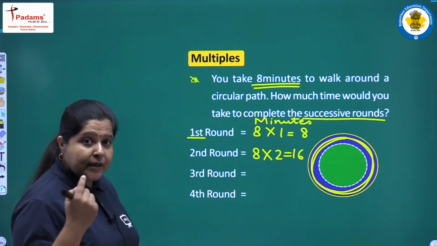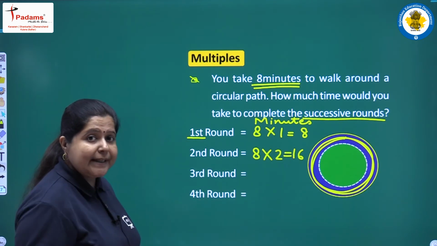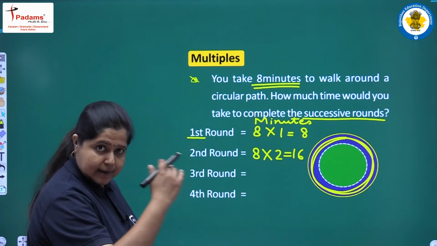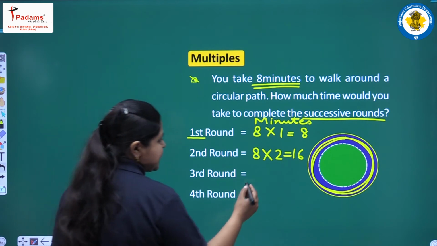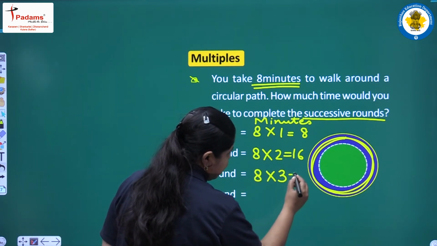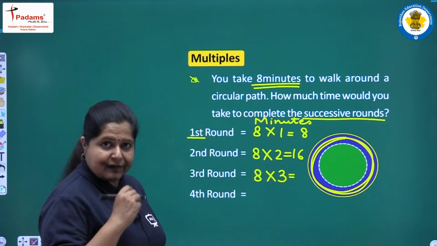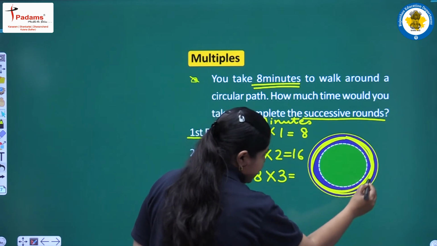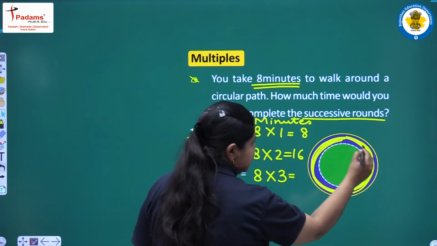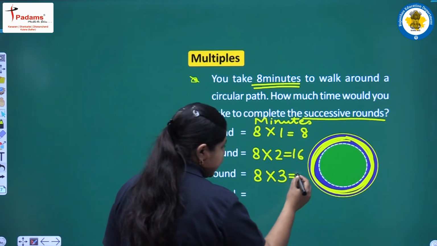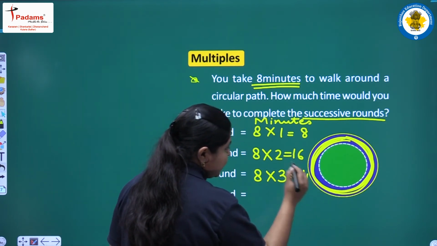Then for the third round, how much time will it take to complete now? Total time that we are talking is 8 into 3. First round in 8 minutes, then second round in 8 more minutes, then third round again in 8 minutes, 8 3s are 24 minutes.